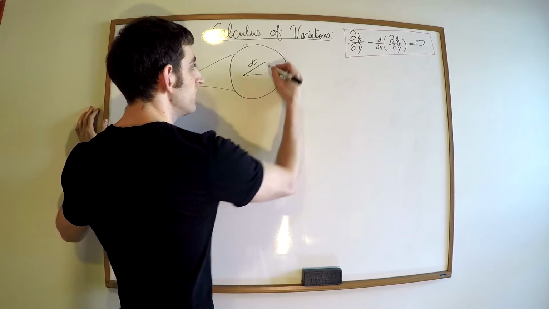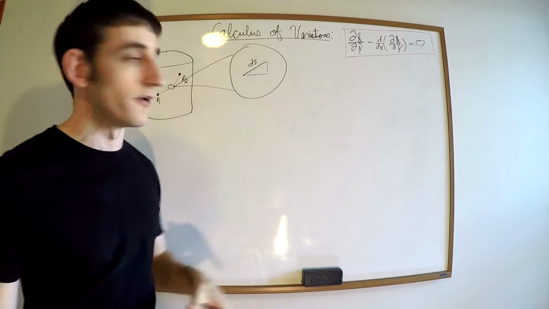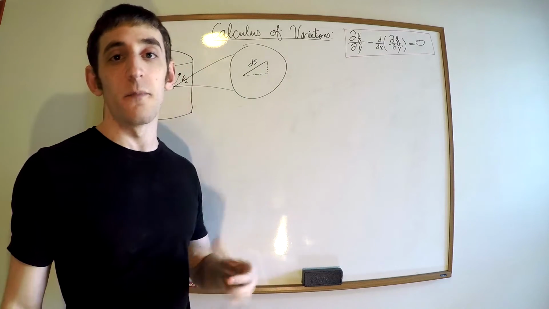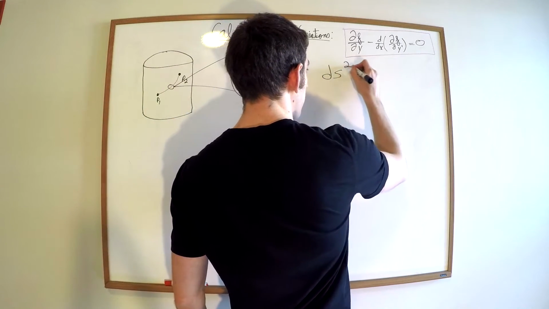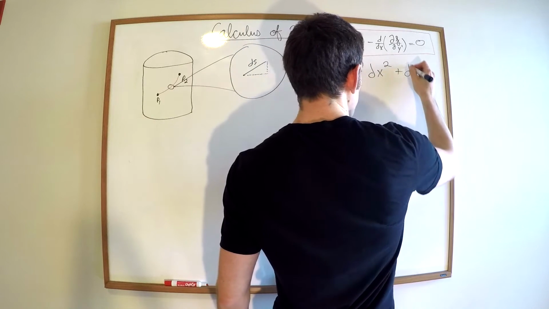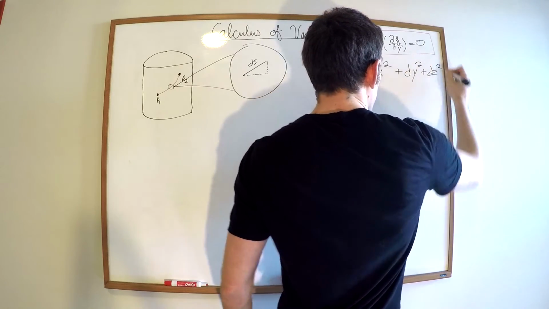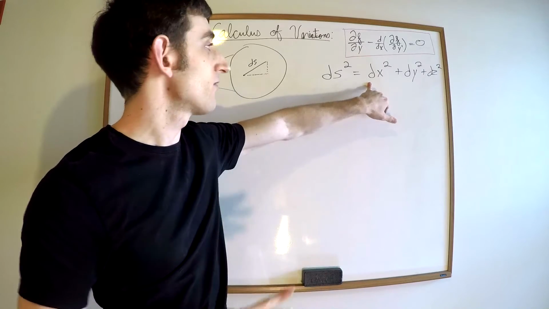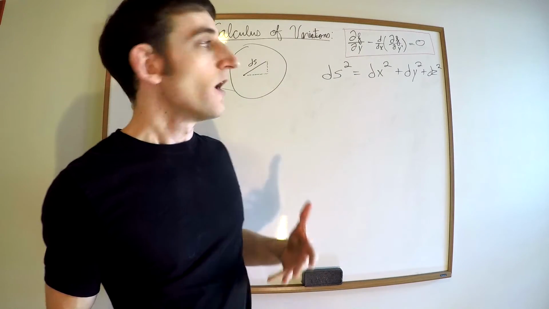In order to figure out ds, we're going to have to figure out these 2 distances here. One way to do this is to use the Pythagorean theorem in 3 dimensions. We know that ds squared equals dx squared plus dy squared plus dz squared. And again, these differentials are infinitesimal lengths, okay? So we could use this general equation to derive everything.